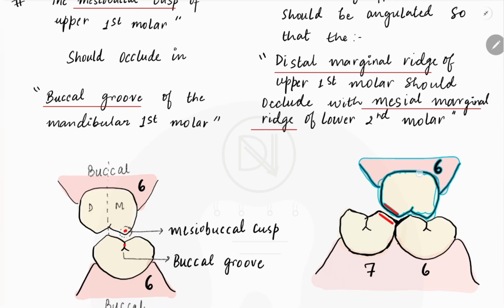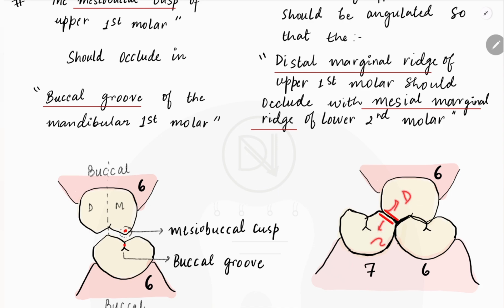So you can see, when the upper and lower teeth come in occlusion to each other, the distal marginal ridge will occlude with the mesial marginal ridge over here. So the distal marginal ridge of the upper first molar will occlude with the mesial marginal ridge of the lower second molar.